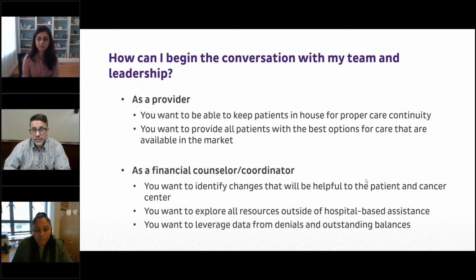And then also the second point is provide the best care, which is that there are advances in medicine that we need to take advantage of. There are a lot of new developments every single day that are being studied and approved and helping our patients better than what we were able to do 5, 10, or even 15 years ago.